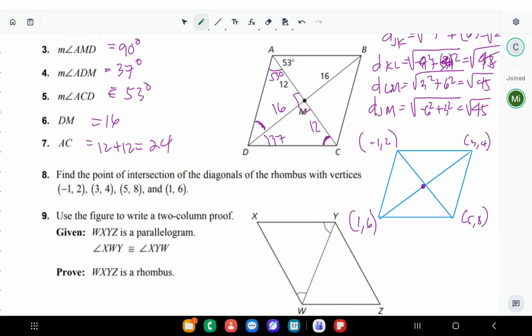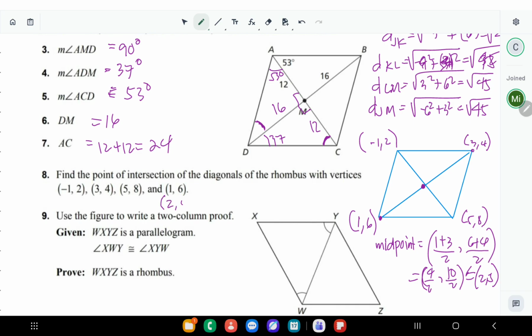So let's try this one, from this point to this point. The midpoint is 1 plus 3 over 2, 6 plus 4 over 2. That's the midpoint formula. So this is 2, 5. The point of intersection is 2, 5.